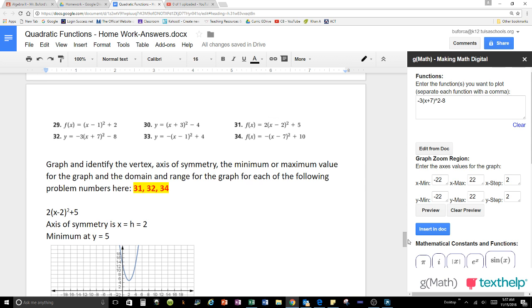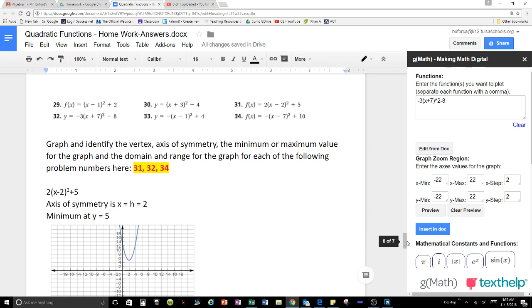So the graph is probably going to look something like this. It's going to be shifted over 7 units, then it's going to come up 10 units. But since there's a negative there, it's going to open downward, so it's going to go like that.